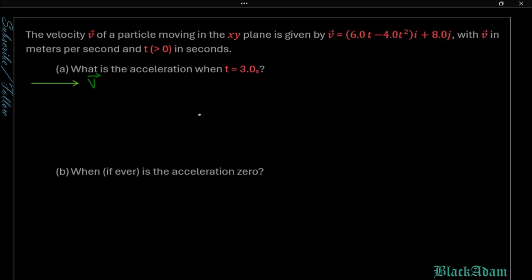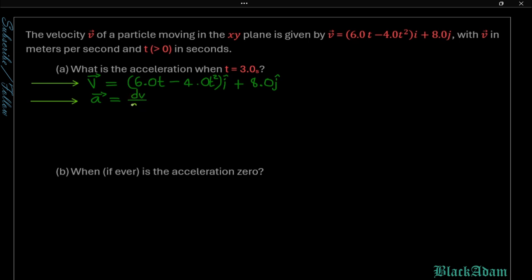Our velocity is given as 6.0t minus 4.0t squared, and all that is the horizontal velocity, plus the vertical velocity, which is 8.0. So we have horizontal and vertical components.